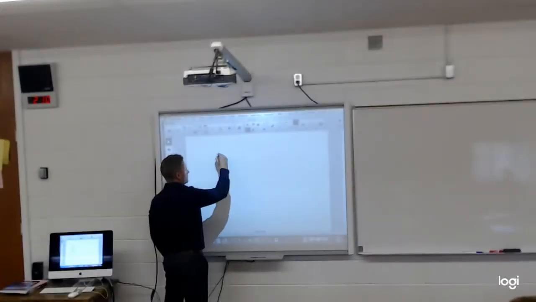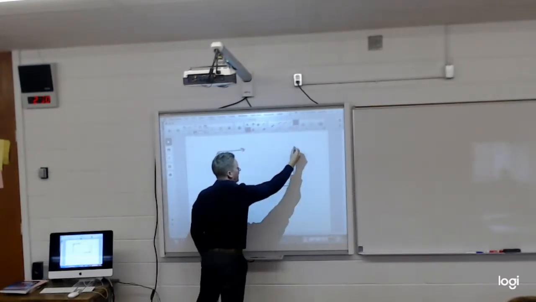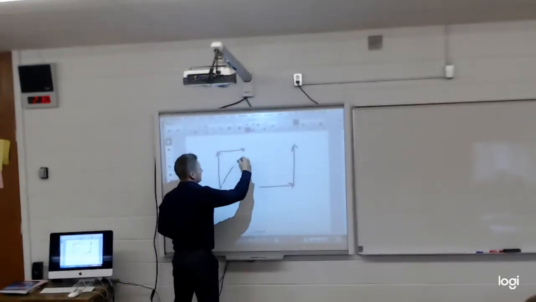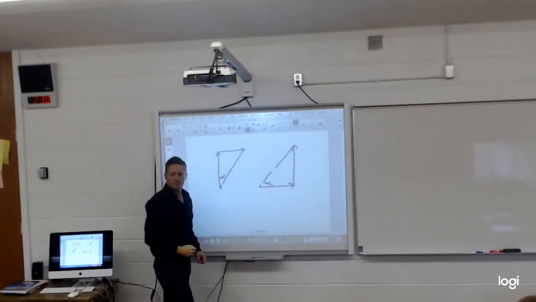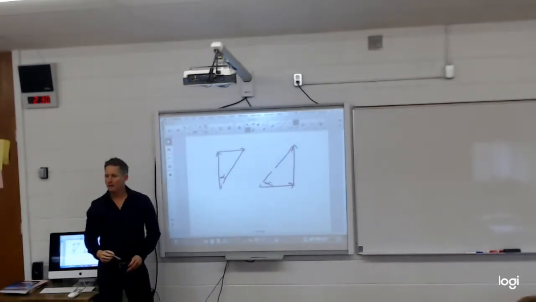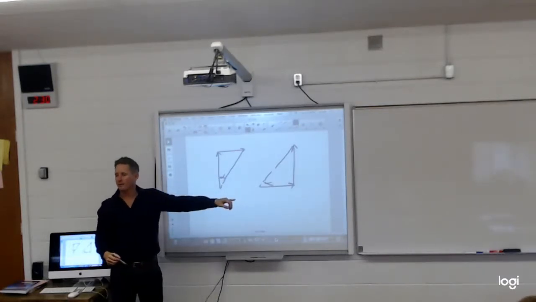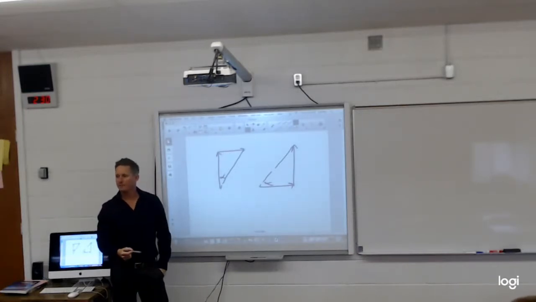I can go north and then east, or I can go east and then north. But the key to the whole thing is finding the angle that you have started with. Okay? So this is the mistake that gets made if we don't draw them properly. We don't go to the spot where we are actually starting from.